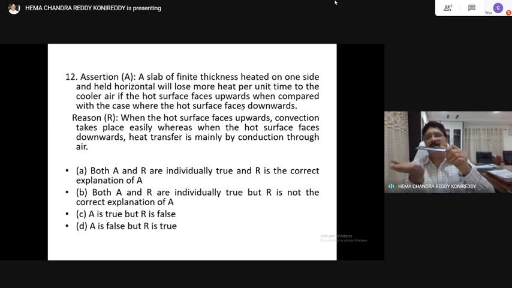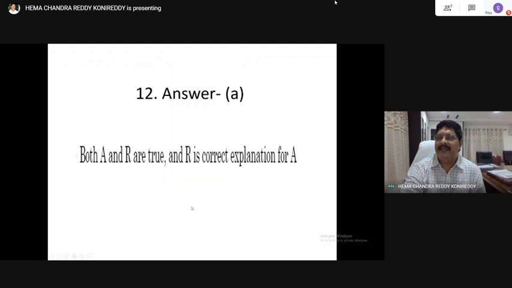All heated molecules accumulate here, and therefore statement 1 is correct. When the hot surface faces upwards, convection takes place easily, whereas when it faces downwards, colder molecules cannot come there. So both are correct.